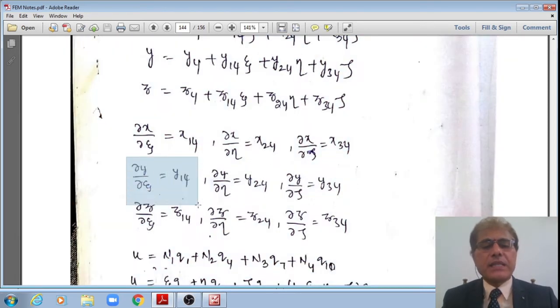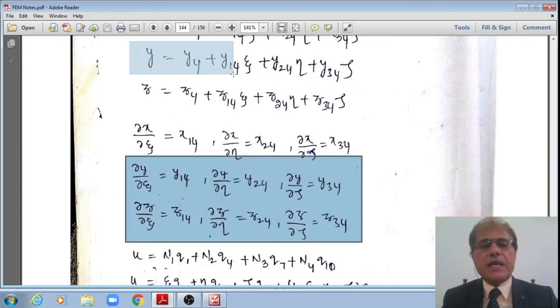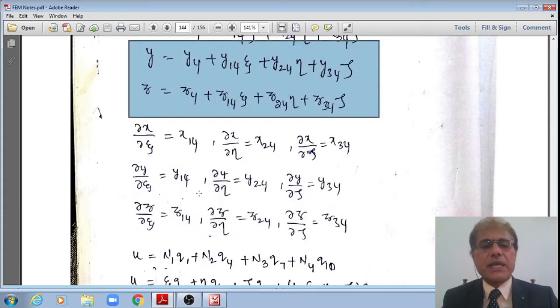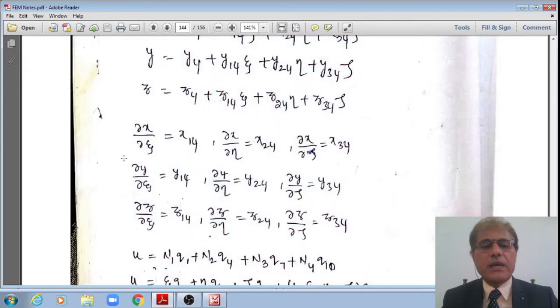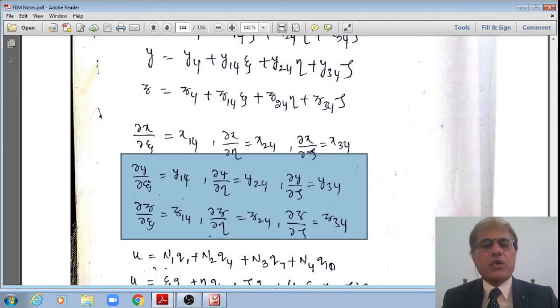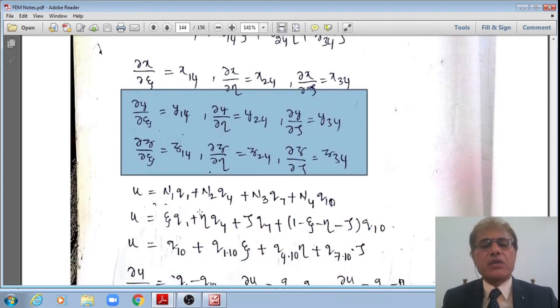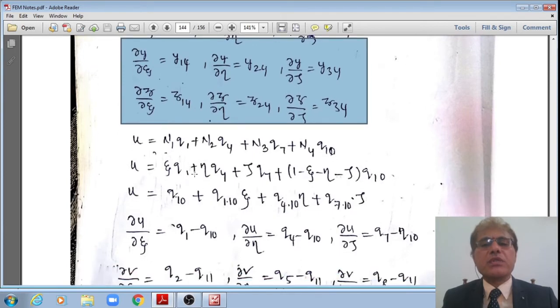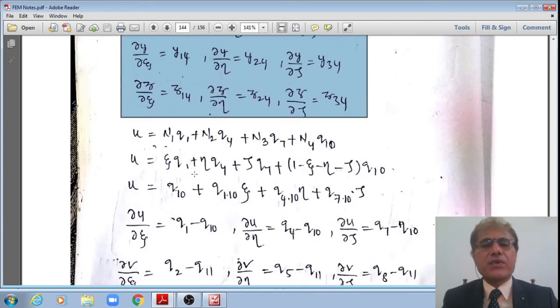You can see that if I differentiate the second and third equations with respect to xi, eta, zeta, I will get in a similar fashion dou y by dou xi is equal to y14, dou y by dou eta is equal to y24, and dou y by dou zeta is equal to y34, dou z by dou xi is equal to z14, dou z by dou eta is equal to z24, dou z by dou zeta is equal to z34, right?